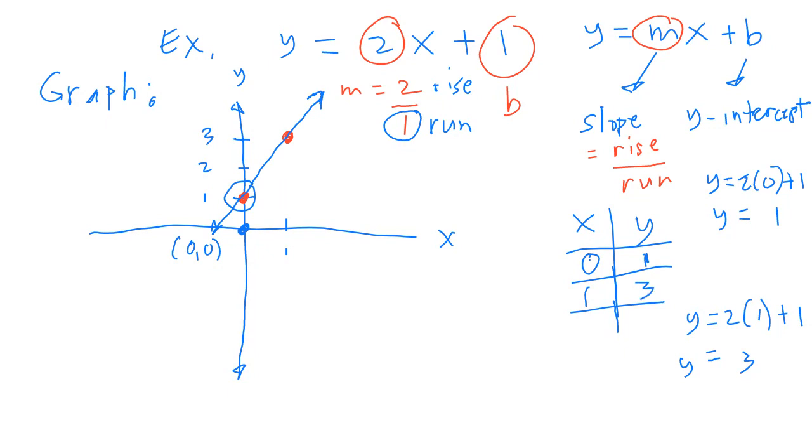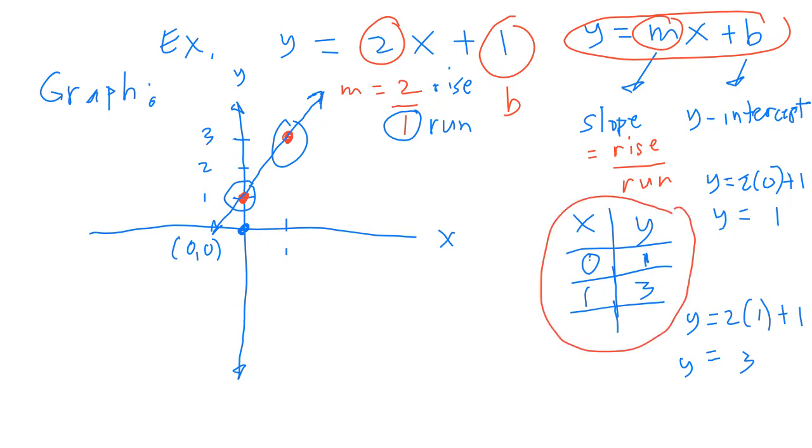So 1, 3 actually is here. So exactly the same one. So if you're using this formula to graph, you find the y-intercept and the slope from the formula, then you can have the graph right away. If you're using the alternate solution, which is the xy table, you assign a value for x and solve for y. And then you can create exactly the same graph.